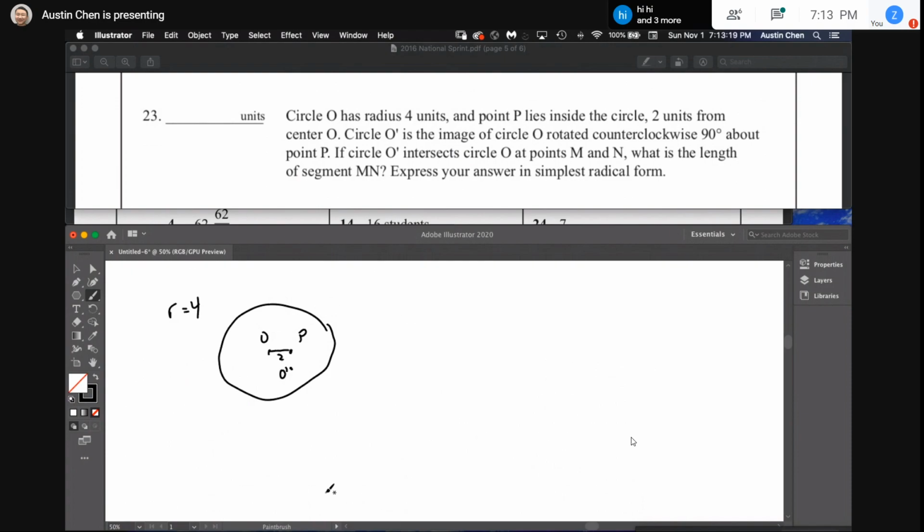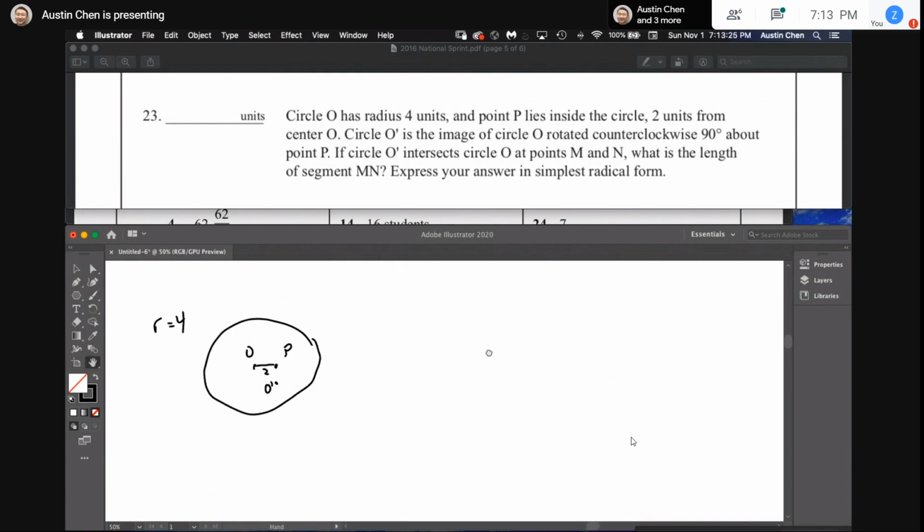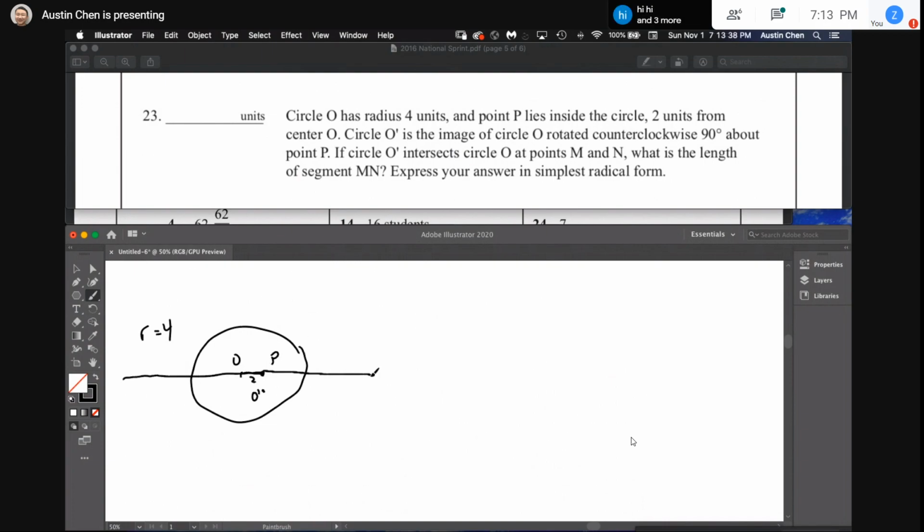Okay, so one thing we can do is make a coordinate plane, and we have our origin at point P. All right, and then we're going to rotate circle O counterclockwise about point P, and this circle O prime will be like right here maybe.